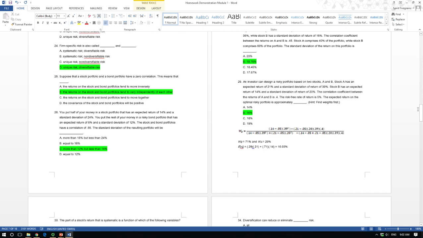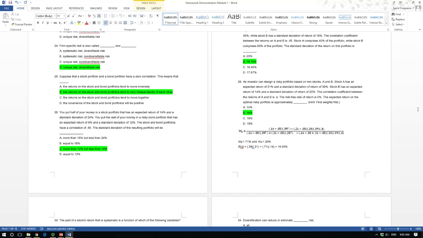Number 26. You put half of your money in a stock portfolio that has an expected rate of return of 14% and standard deviation of 24%, and the rest of the money in a bond portfolio that has an expected rate of return of 6% and standard deviation of 12%, and the correlation coefficient is 0.55. It asks you the standard deviation of this resulting portfolio.